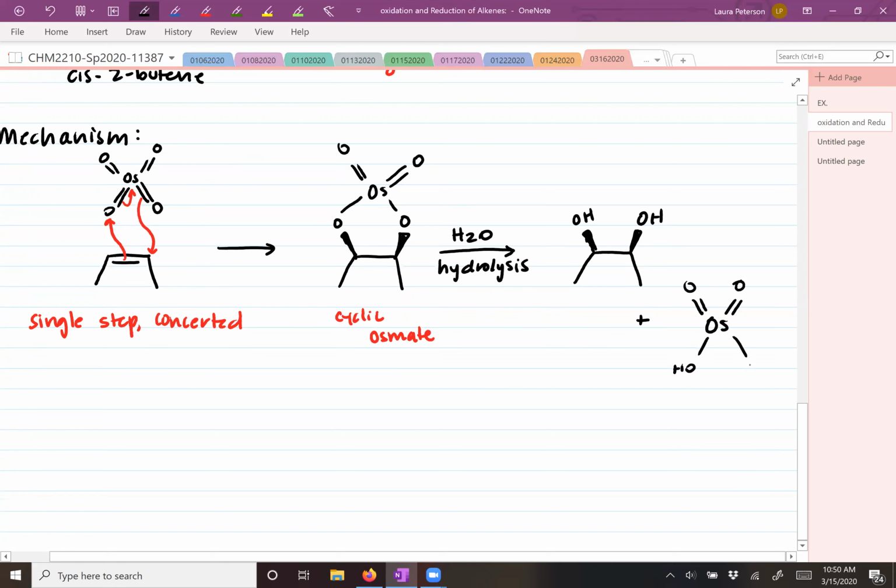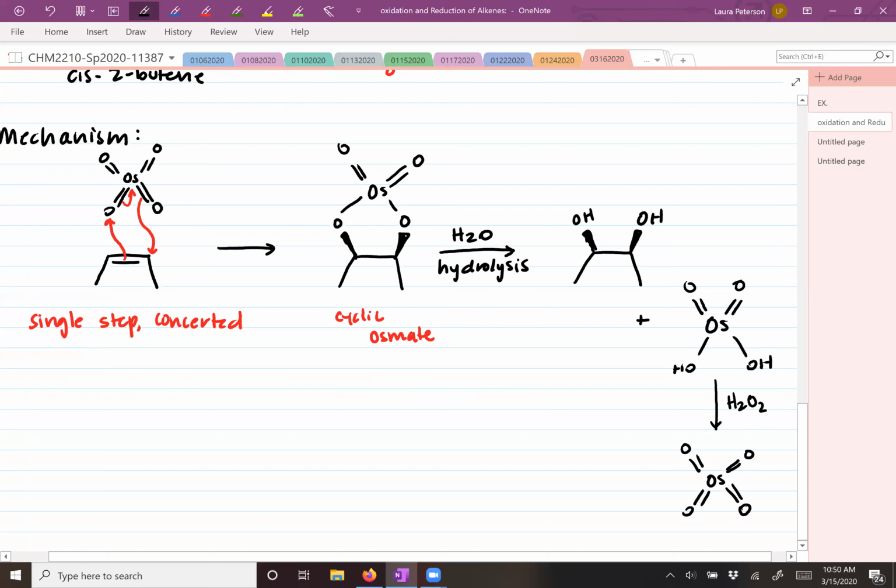And then the other thing that we generate in that step is going to be this osmium species. You'll notice that this is not the same osmium species that we utilized in the first step of the mechanism, because two of those osmium-oxygen bonds are single bonds. And that is the role of H2O2. So H2O2 is going to regenerate our active oxidant species OsO4.